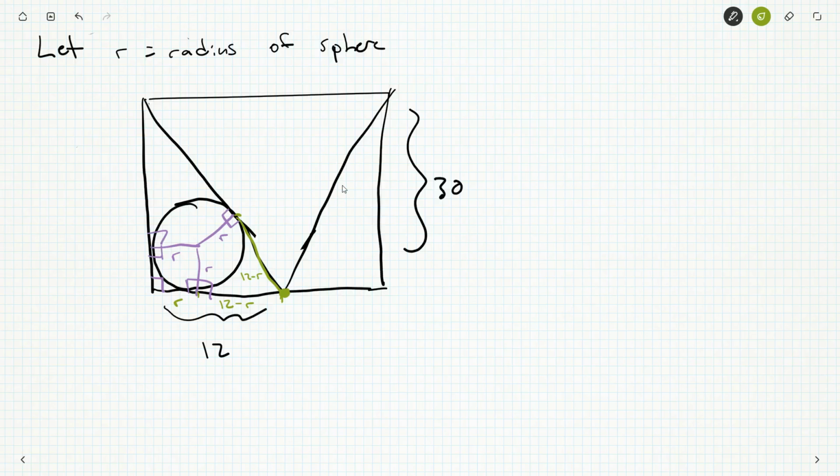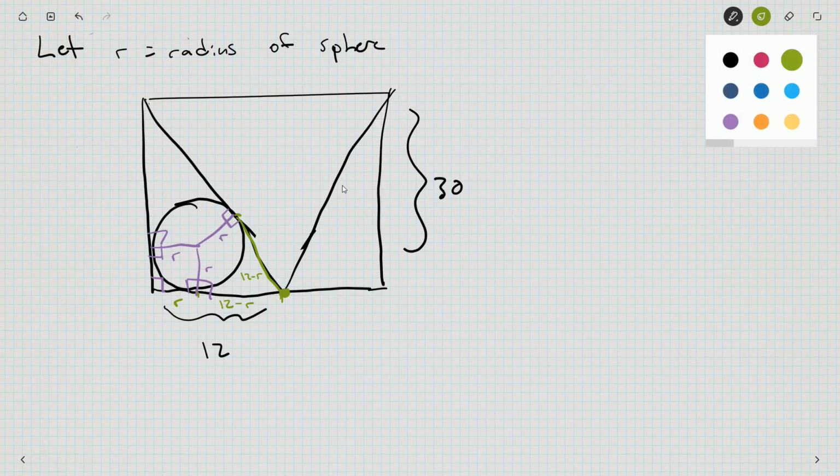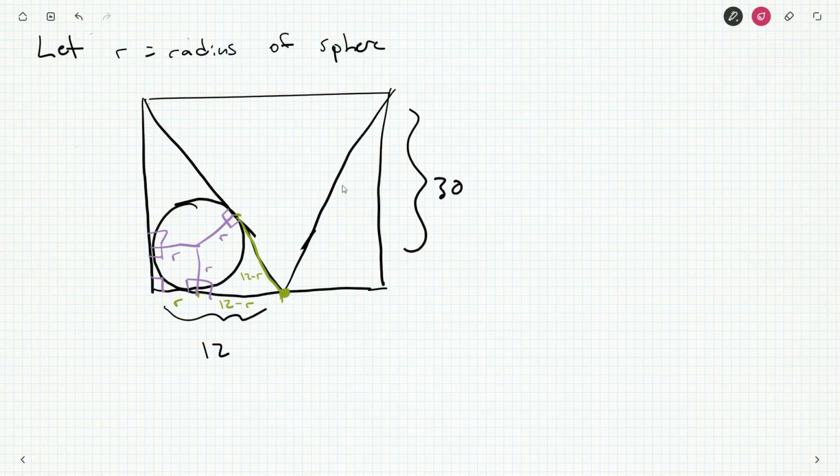Now, if that's 12 minus r, we haven't actually used the cone yet, so from this point of tangency, what I can do is drop a right angle here, and we've got 12 to 30, so all of these are going to be in the ratio, with a common factor of 6, of 2 to 5.